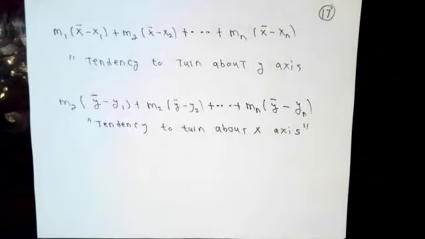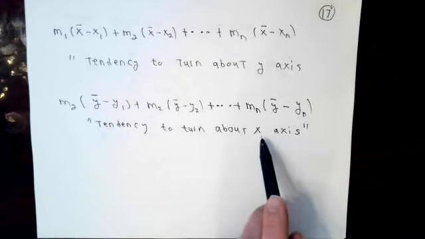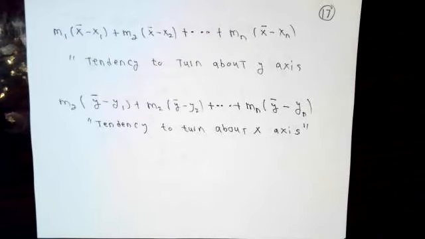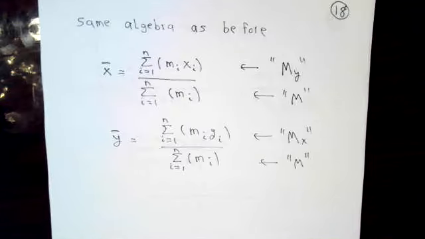And the y-coordinates, when I calculate y bar minus yi, except for maybe a sign, that's how far out I am from the x-axis. This explains some rather odd naming conventions that we'll see in a second.